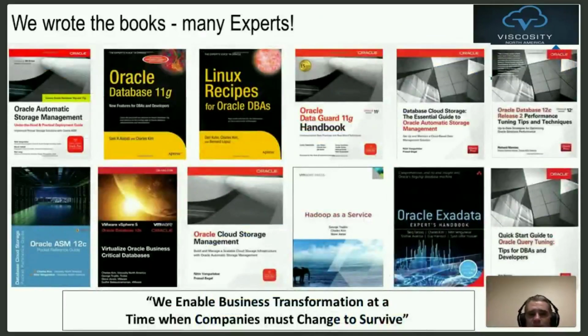You can see we enable business transformation at a time when you must transform to succeed. And it really does all of the infrastructure, not just Oracle, Exadata, Hadoop, Kafka, ASM. You can see DataGuard. You can see all the different books we've done. VMware, we also have several VMware experts as well.